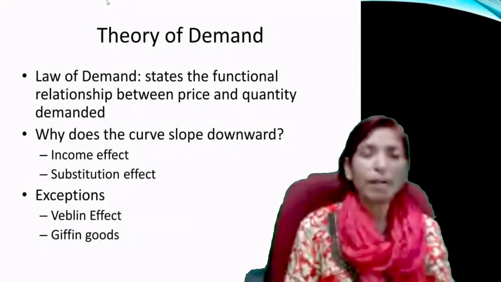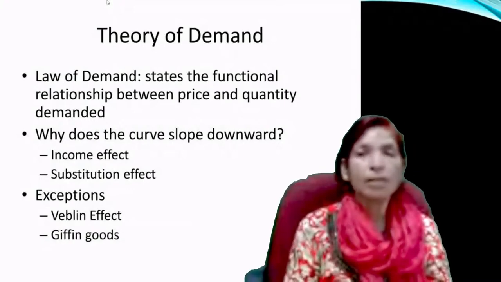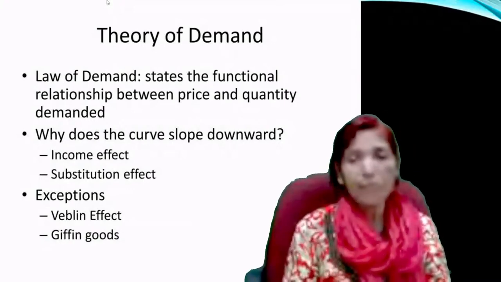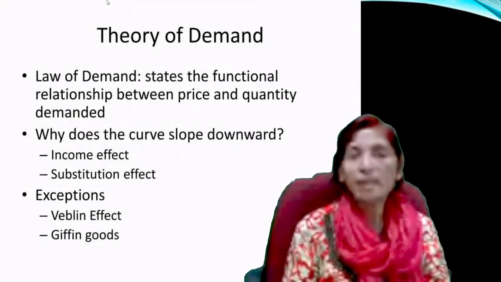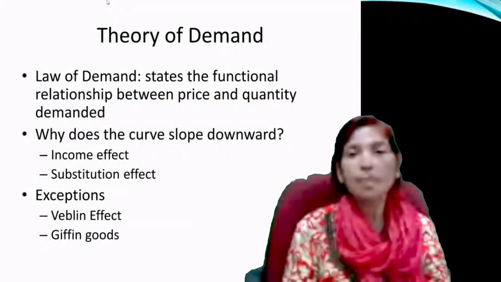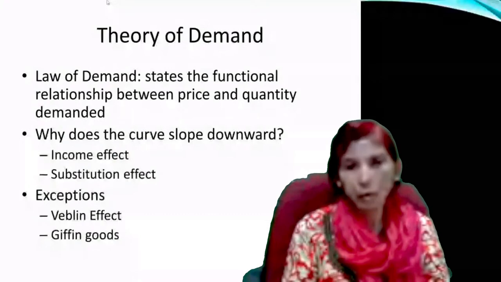So demand depends upon the income of the consumer, and you know that if income remains constant, or money income is the same, salary is the same, but price is increasing, then our purchasing power will fall.